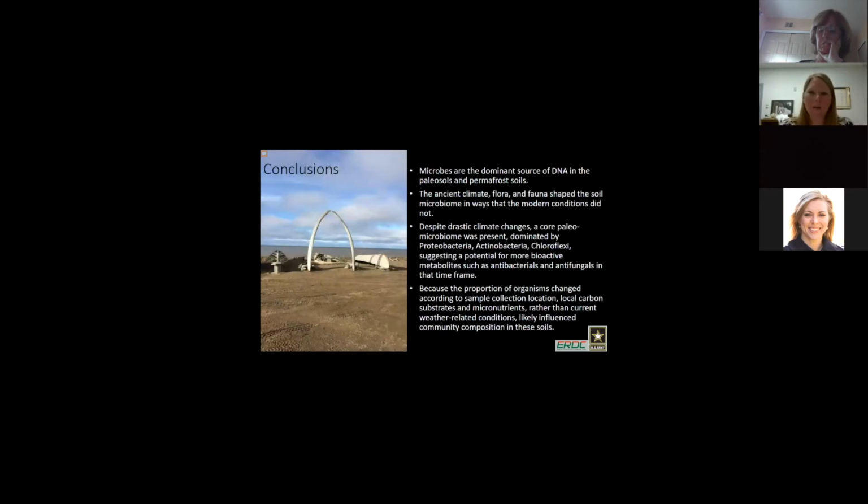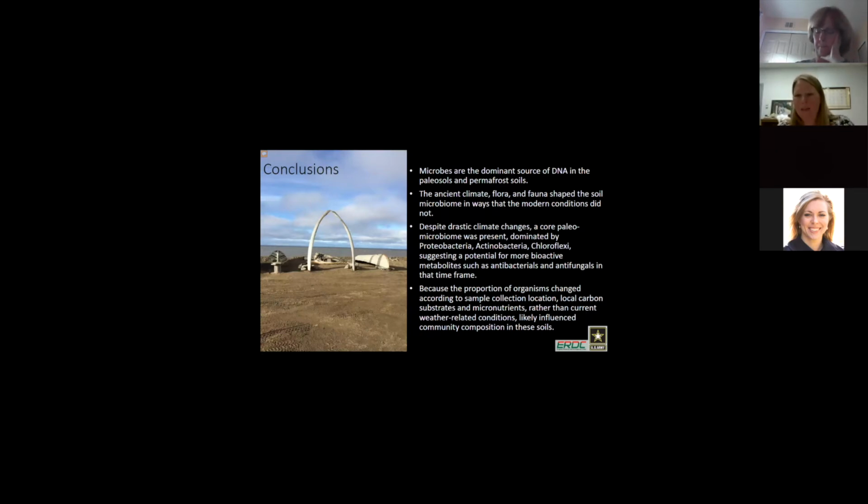So in conclusion, and this is a beautiful picture from Utqiagvik, where we've done some other field work, microbes are the dominant source of DNA in these soils. The ancient climate, flora and fauna changed the microbiome in ways that the modern soils did not. Despite these drastic climate changes, there is a core microbiome, suggesting a potential for these really interesting materials and products that they make.